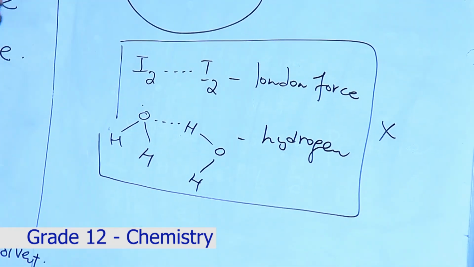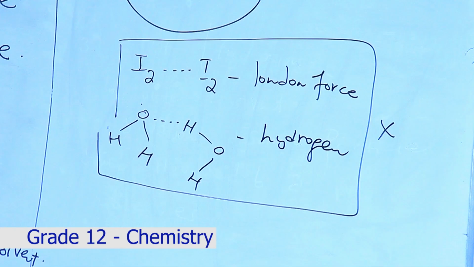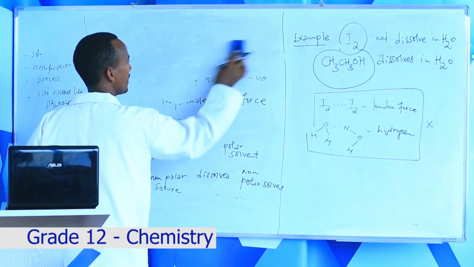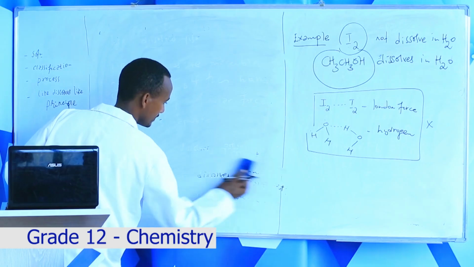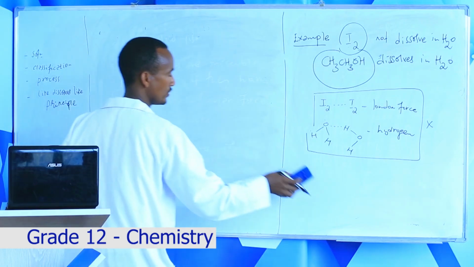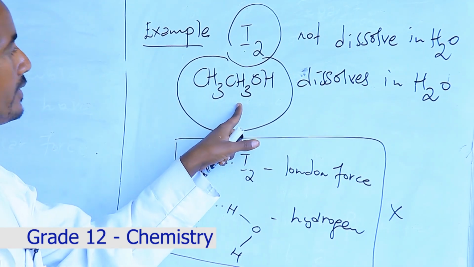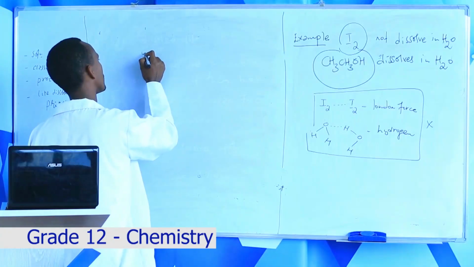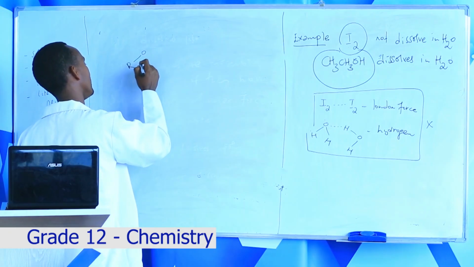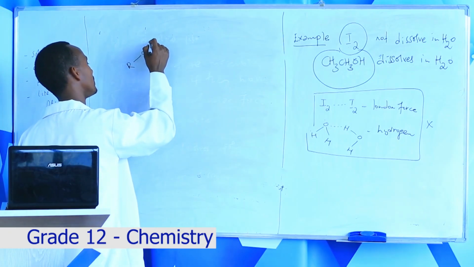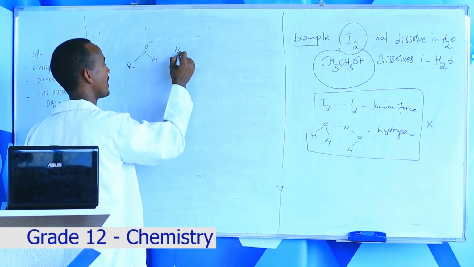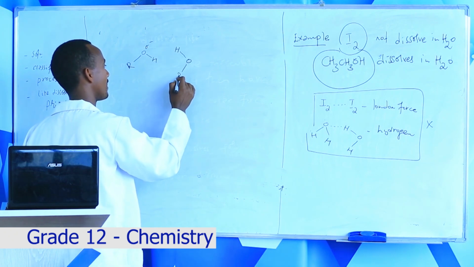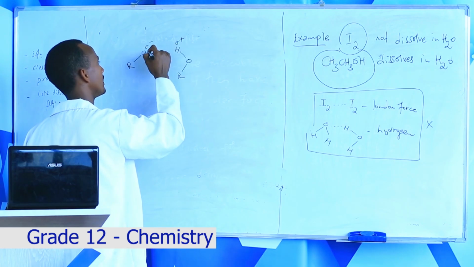They are not miscible according to whom? According to the principle known as like dissolves like. And when it came to the second example, which is a solution made by dissolving ethanol in water, you know that the intermolecular force between the ethanol molecules are hydrogen bond.